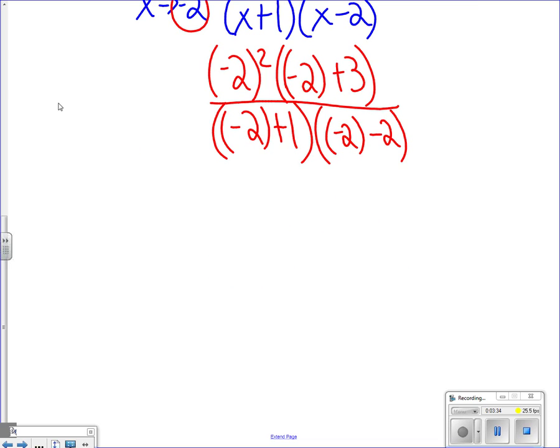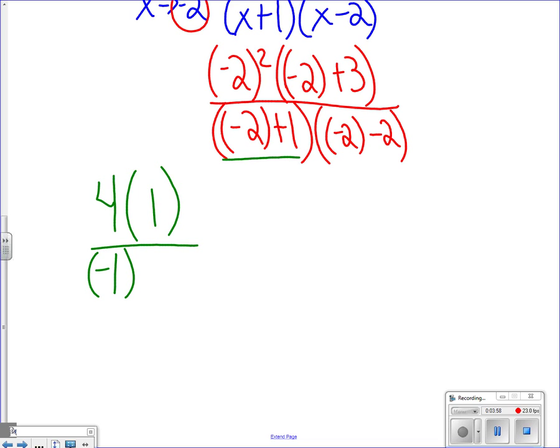So on top we end up with -2 squared, that's just 4, times -2 plus 3 just gives us +1. On the bottom, we have -2 plus 1 in the first set of parentheses, which comes out to be -1. And for the second set of parentheses, -2 minus 2 just gives us -4.